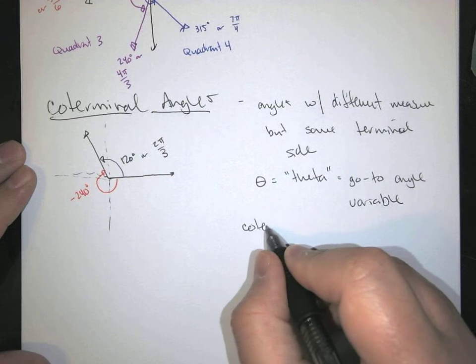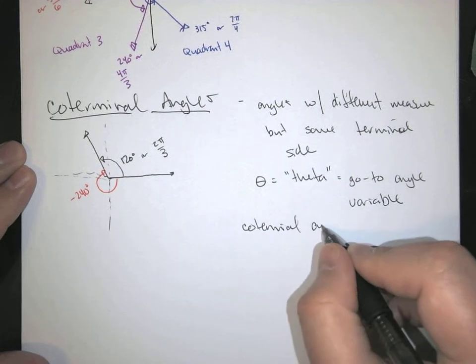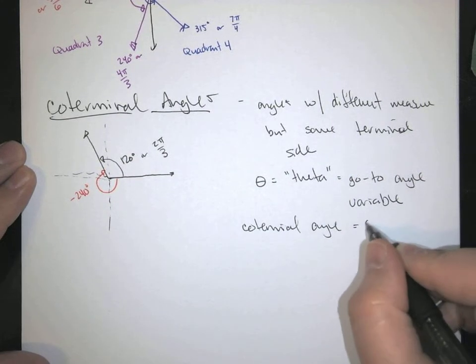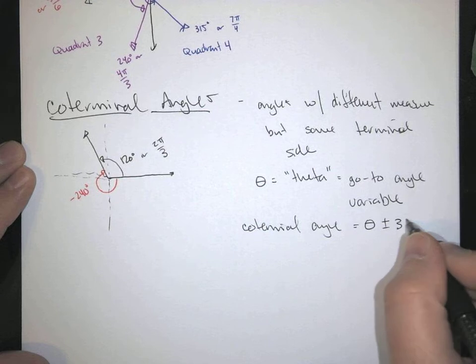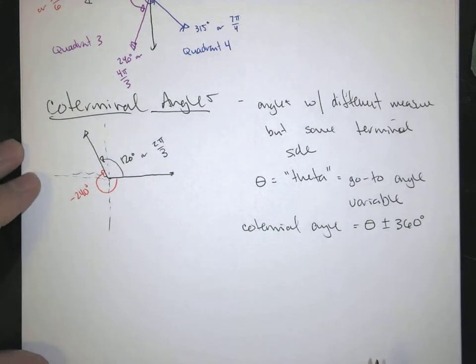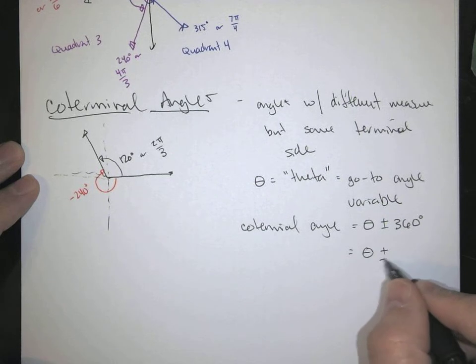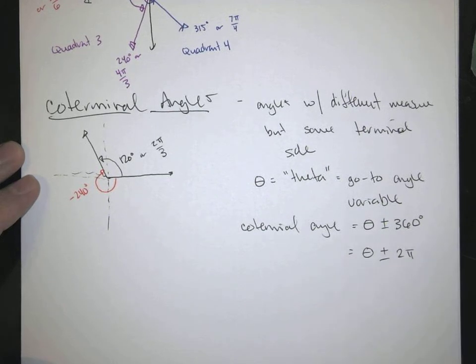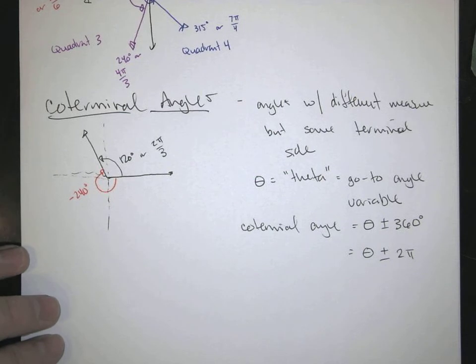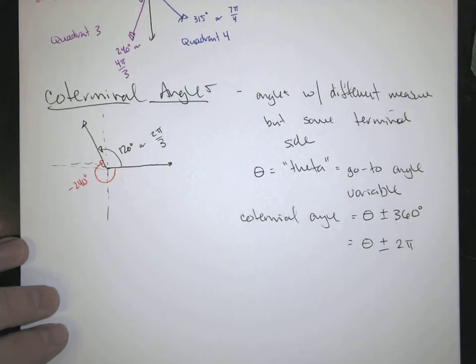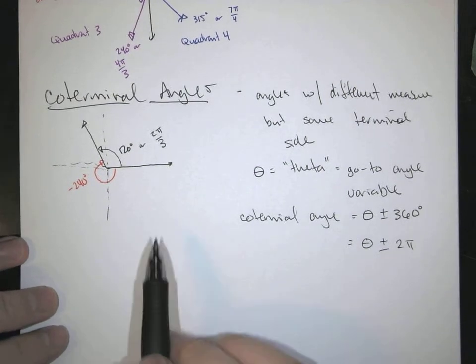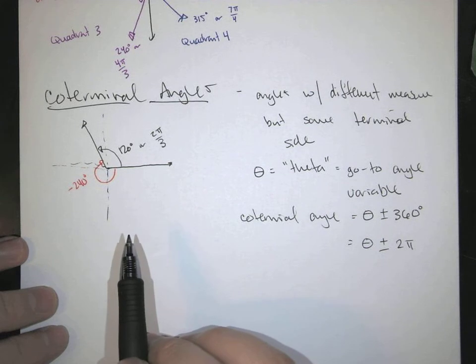So a coterminal angle is going to be theta plus or minus 360 degrees, or in theory multiples of 360. You could also do a radians version, so you'd be plus or minus 2 pi. So you can do a negative rotation. You could also do extra full positive rotations or full negative rotations to get there.